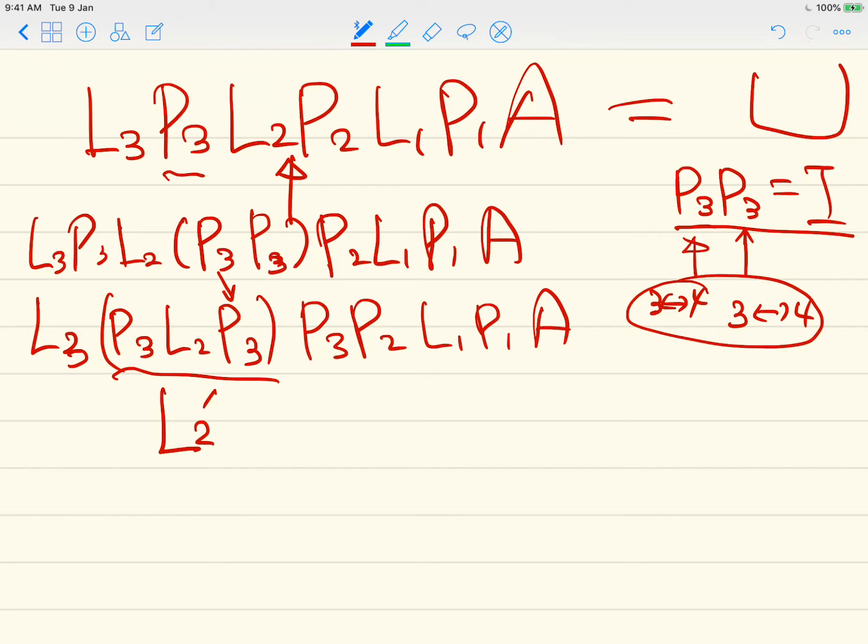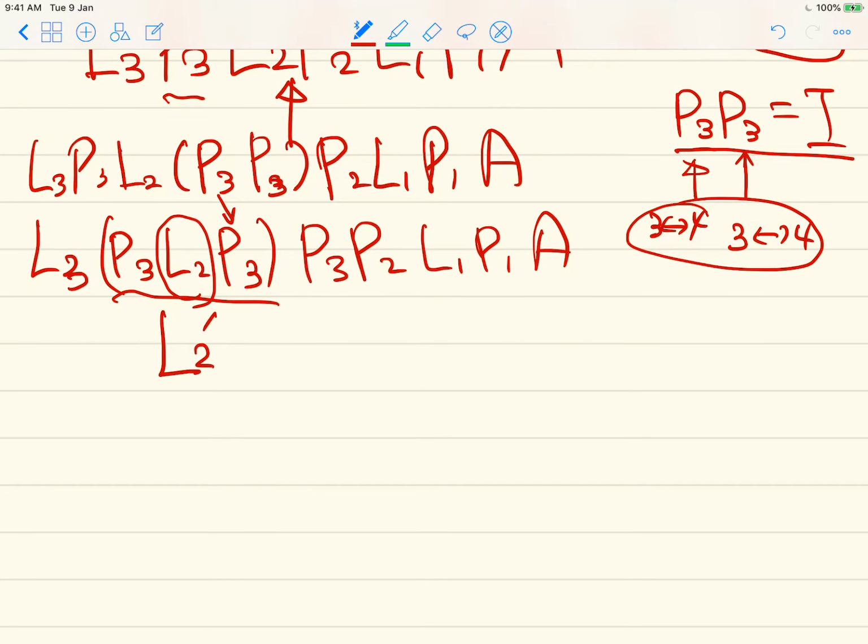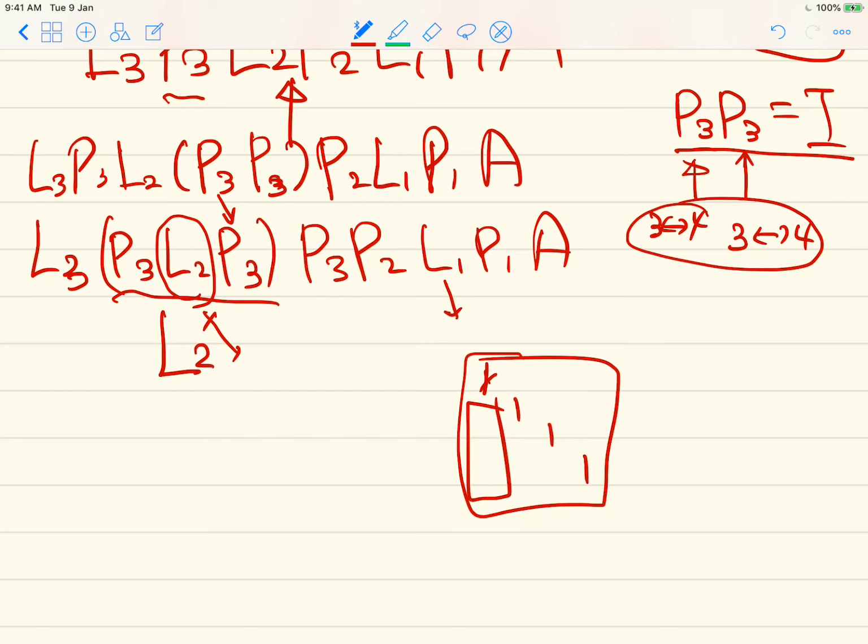Okay, so what is L2? In the case of L1, we have non-zero values in this column, right? And in the case of L2, it is 1, 1, 1, 1, and we have some non-zero values over here, and all the other values except for the diagonal will be 0, right?